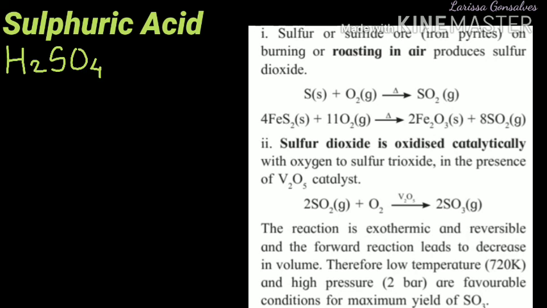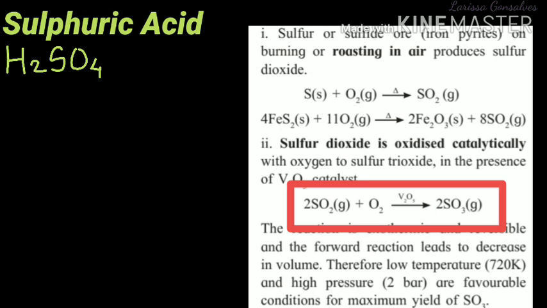V2O5 is vanadium pentoxide and it is used as a catalyst to speed up the rate of the reaction. So sulfur dioxide, that is SO2, reacts with oxygen, that is O2, to form sulfur trioxide.